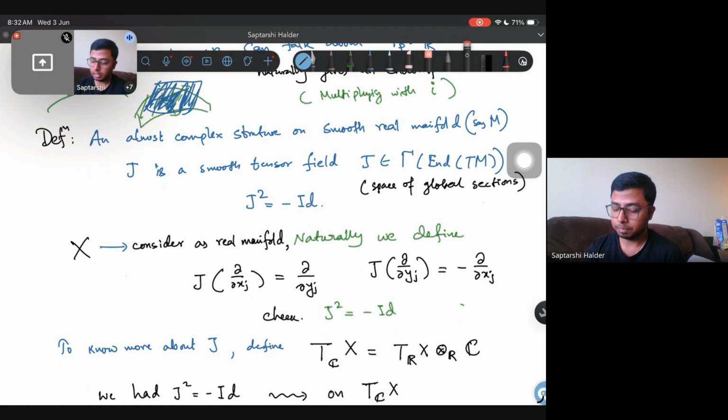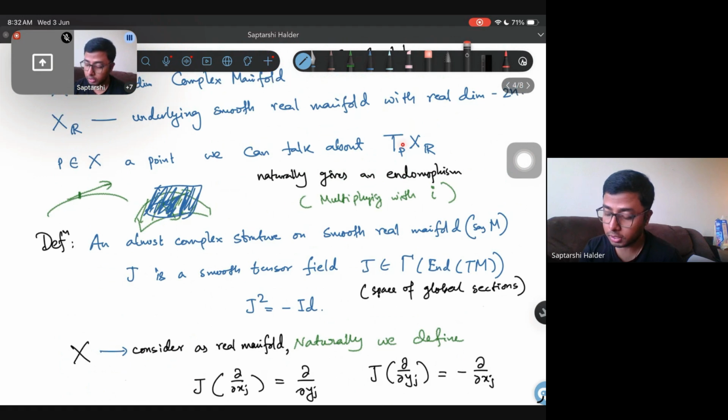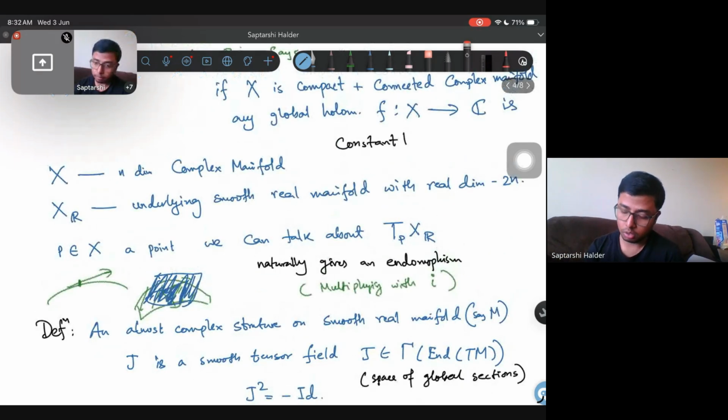That is on a smooth real manifold, because we know how T_p X_R behaves. X_R is a real 2n-dimensional manifold and T_p X_R is the tangent space at that point. We know the theory there, but we don't know about the complex side of X, and we want to know that.